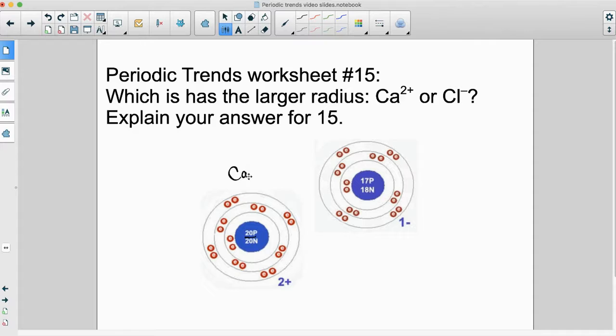This is our Ca2 plus ion. Over here, 17 protons means this is the Cl minus ion. Try to figure out which one's going to pull in those electrons more or less based on the nuclear charge and the number of electrons you have, and then explain that answer in number 15.